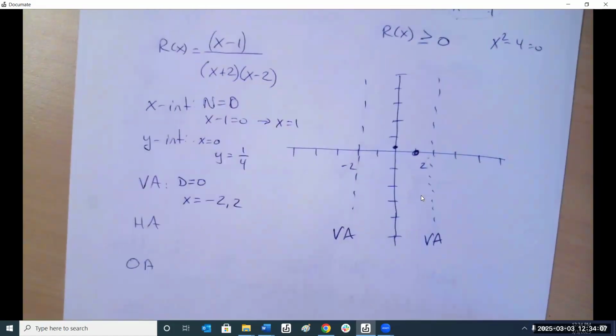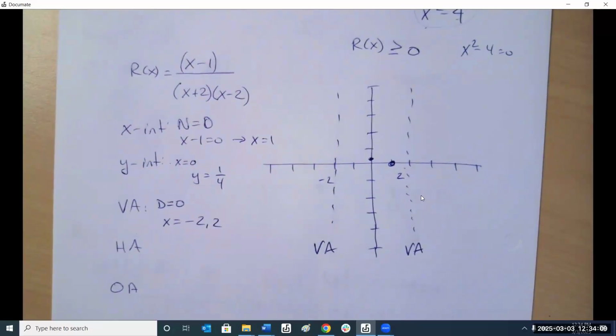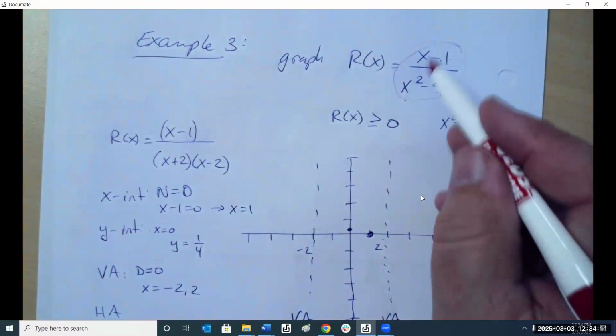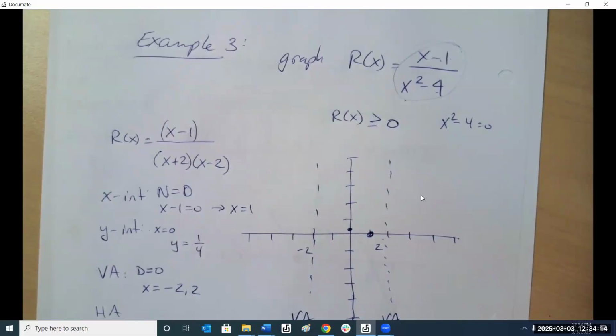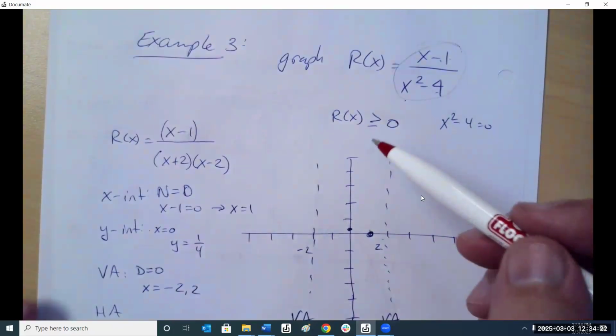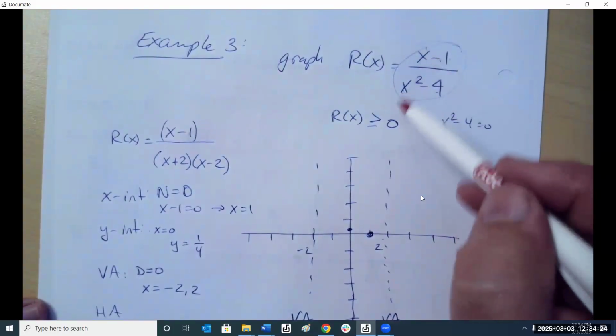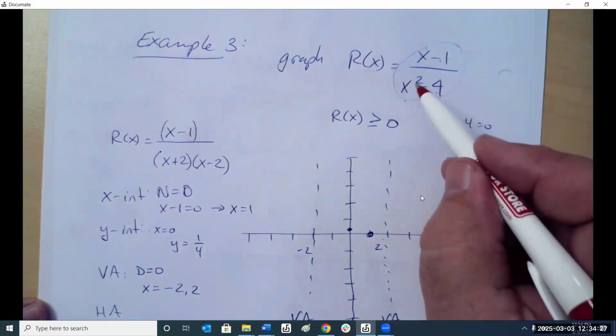Horizontal asymptote or oblique asymptote. Look, it's going to be what? Can't be 1/4. Because in the asymptotes, you only look at the leading terms. So there's more in the bottom than the top.